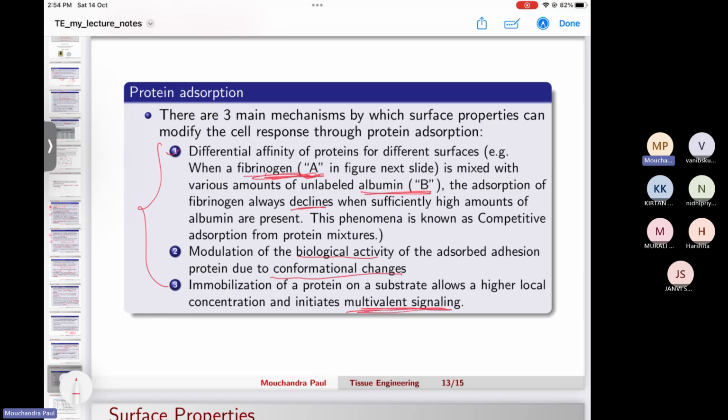Signaling: more sites on the protein will become available to which the cells can bind. Okay, and prolonged signaling can also be seen. So these are the three mechanisms through which protein adsorption is affecting cell adhesion on a particular biomaterial surface.